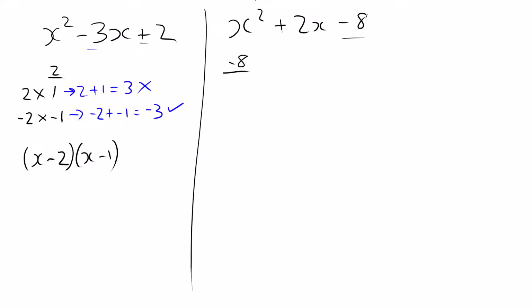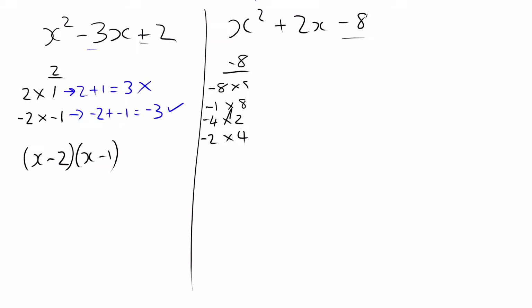So we can have negative 8 times 1, negative 1 times 8. Remembering that it is a different pair this time. We can have 4 times negative 2 and negative 4 times 2. And I believe that's it.